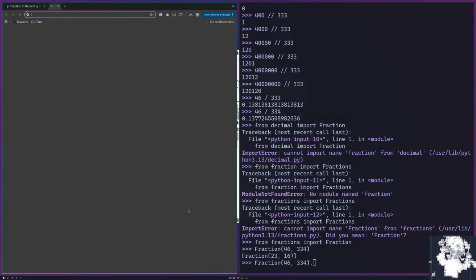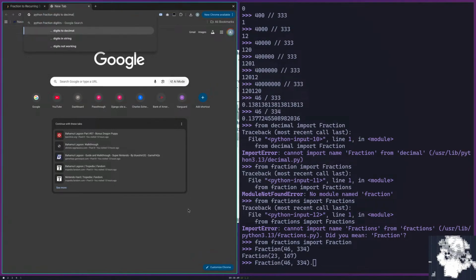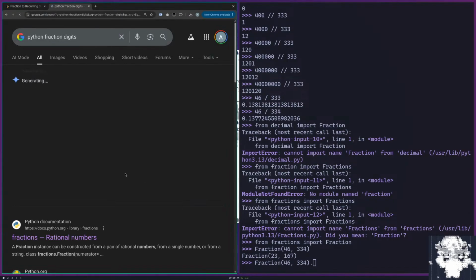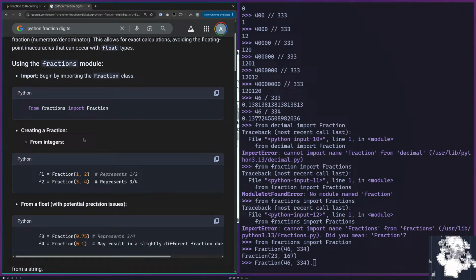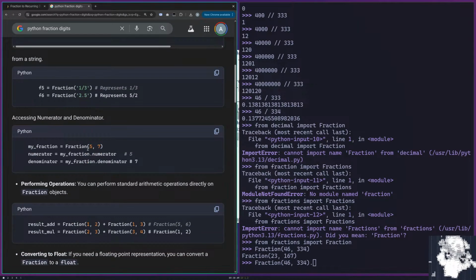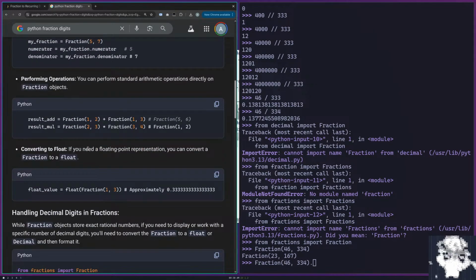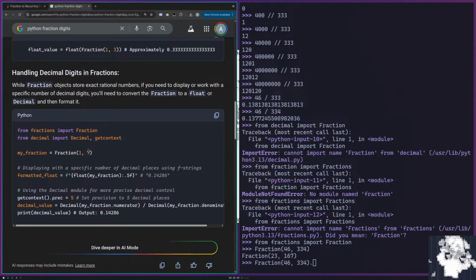Might have to look that up. Python fraction digits. I don't want to cast it to a float because I want a lot of digits.